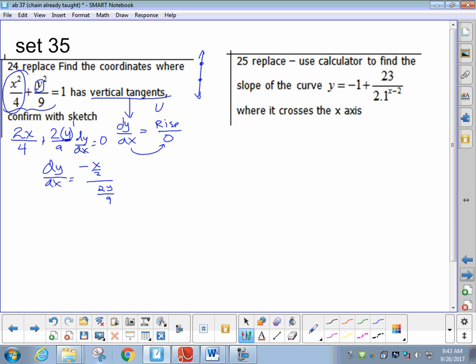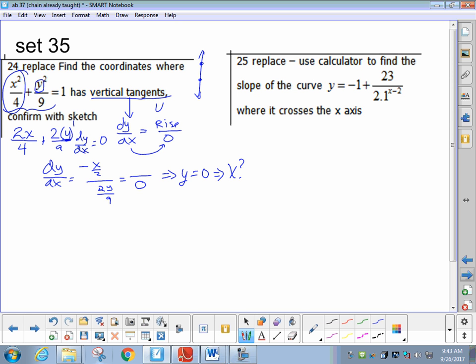Now I need to know where this is vertical, which means a 0 in the denominator. What does that imply? I need to have x or y equal what? This is vertical, then 0 in the denominator implies that y must be 0. If y equals 0, then what's x?